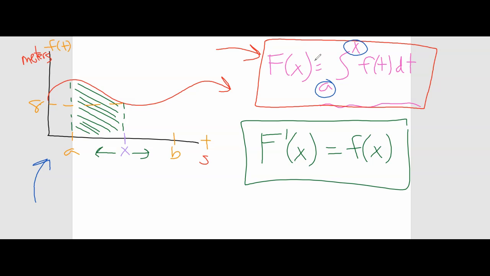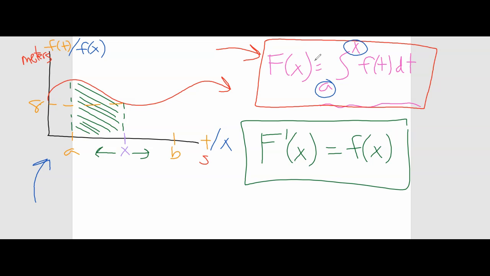So if I want to change my input here to x's instead of t's, that's fine. I would just think of my y values in terms of f of x values rather than f of t values. But t and x, those are just arbitrary placeholders for what the input to the function of f is. Right?